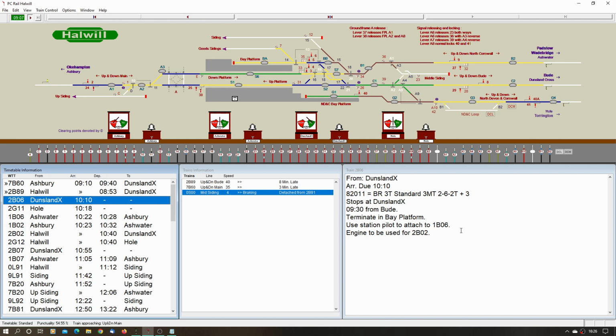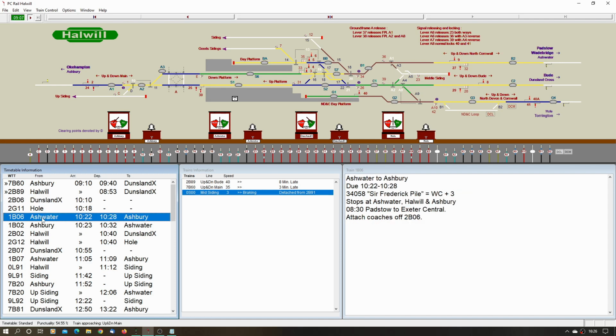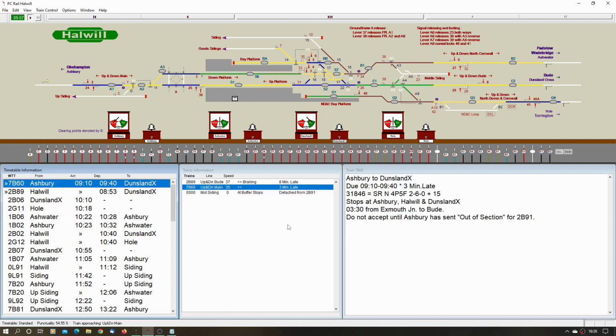Right. And that's 1B06. Class 1. Right. There's quite a bit of attaching and detaching coaches here, so although it looks a very simple layout of simulation, you can see from my poor attempt at trying to run it on time how difficult it can be, and that's just on skill level 5.